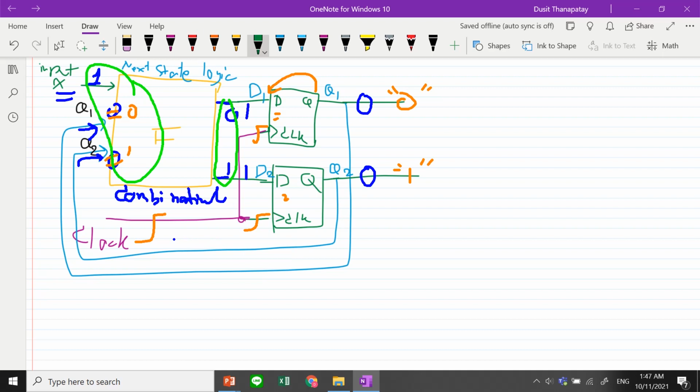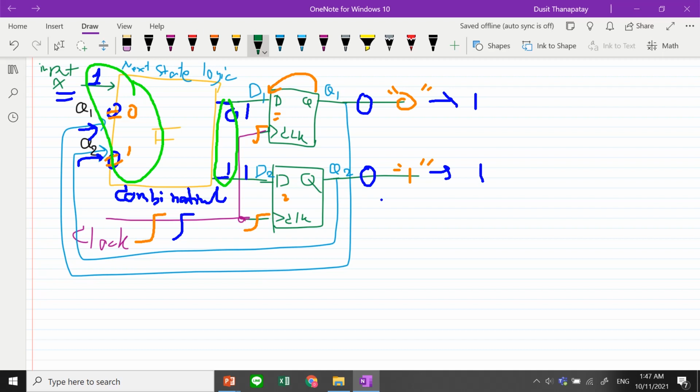That means when the clock ticks again, the flip-flops read D1 as 1 and D2 as 1, so they update the data to 1, 1. Now it has changed state, right?